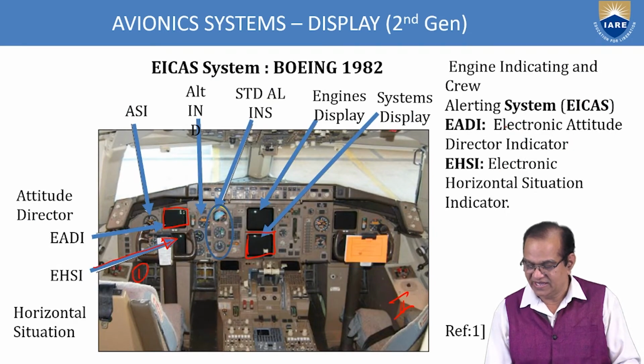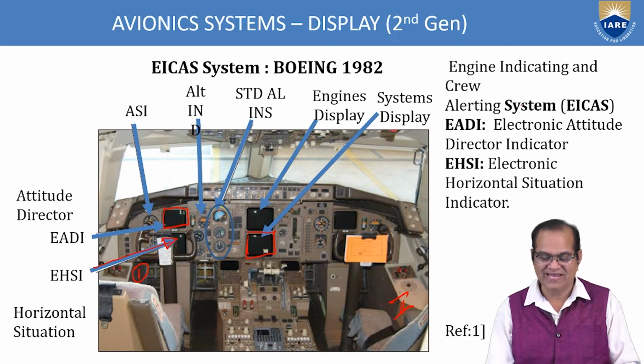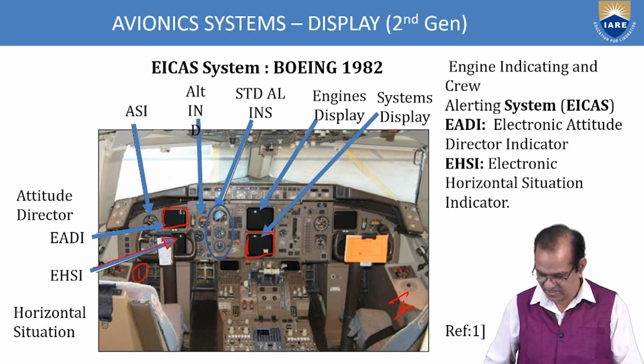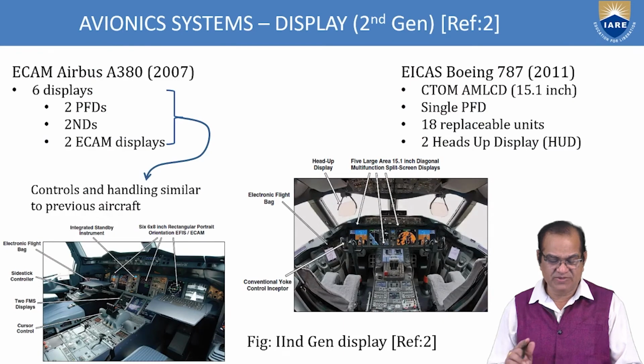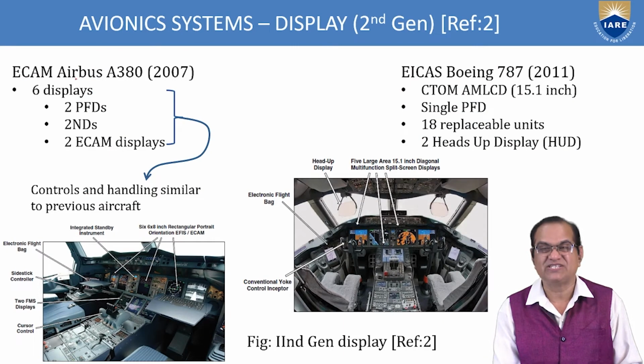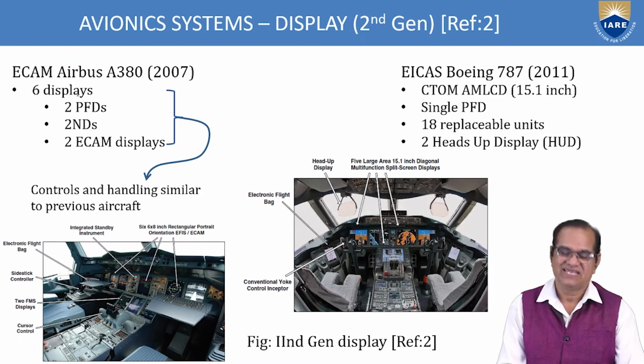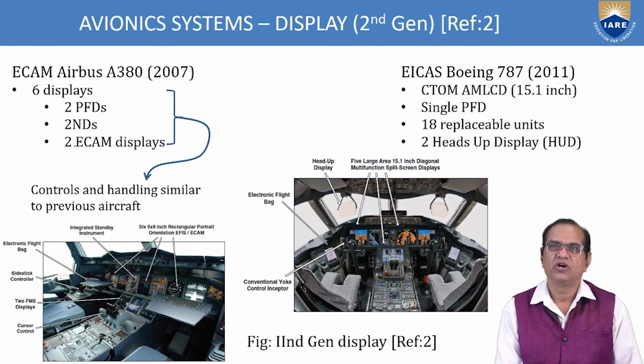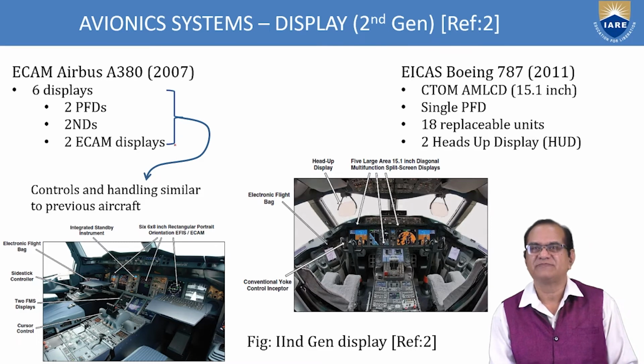It is the electronic indicating and crew alerting system. And the same thing is called the electronic centralized aircraft monitor on the Airbus. The Airbus 380 has 6 displays: 2 primary flight displays, 2 navigation displays, 2 ECAM displays.